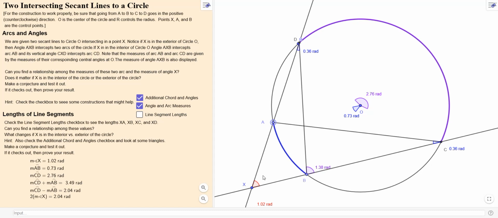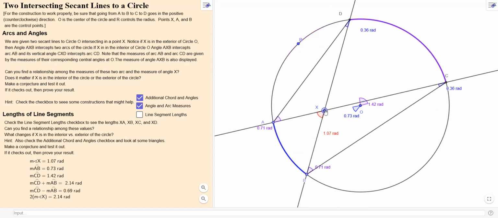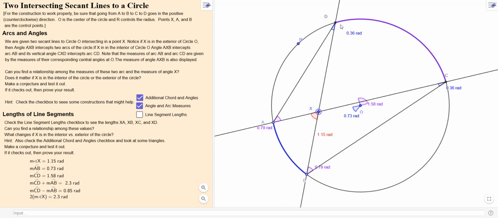We found some interesting things here, that this angle X turned out to be, well, let's do it in the interior first. In the interior, it turns out you just take the measure of these two arcs and average them. We add them up, and that is the same as twice the measure of this angle X. You can see that here in the tables down here.